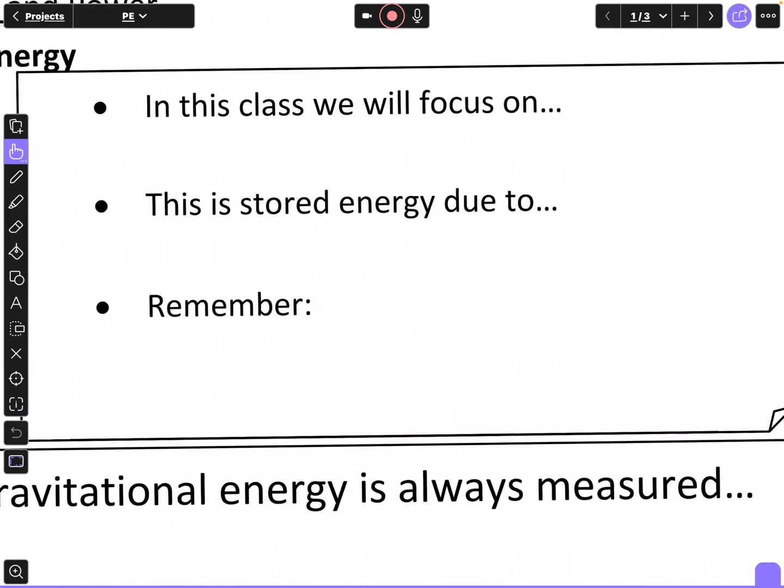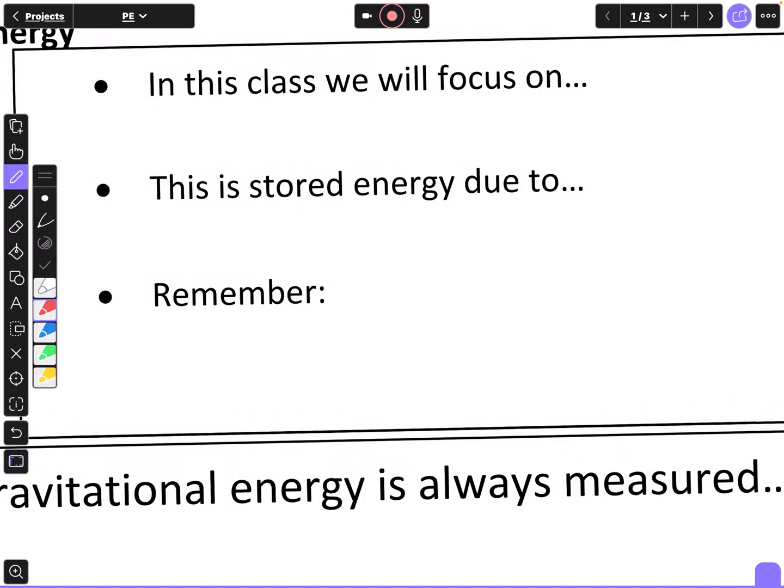Now, in this class, we're going to focus on a certain type, we're going to call it gravitational potential energy.